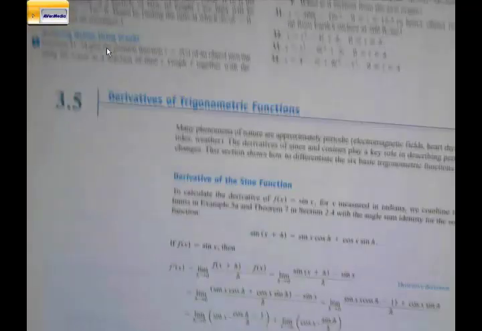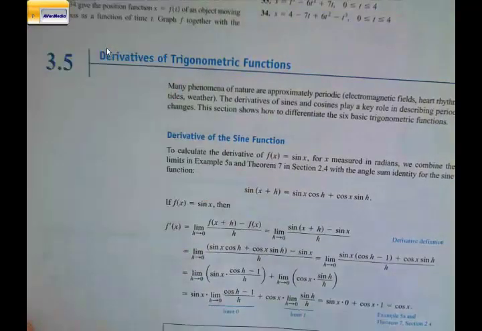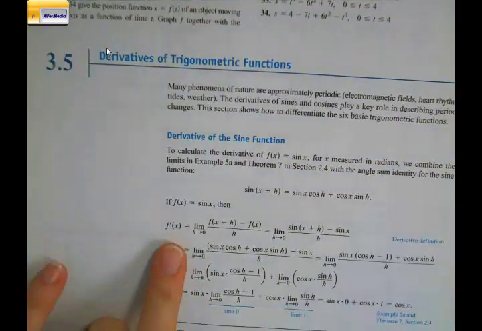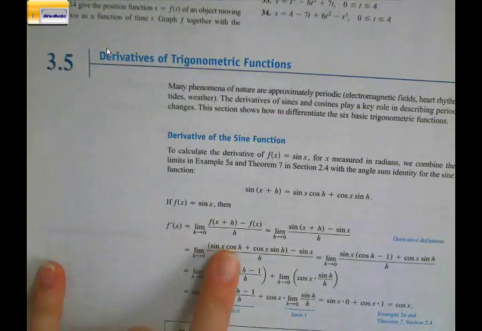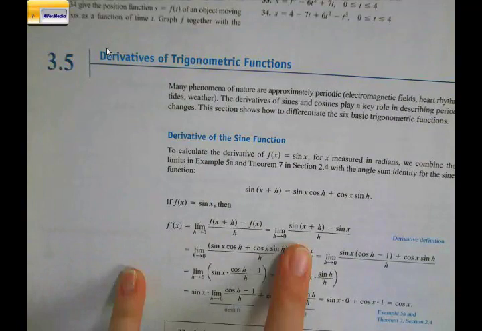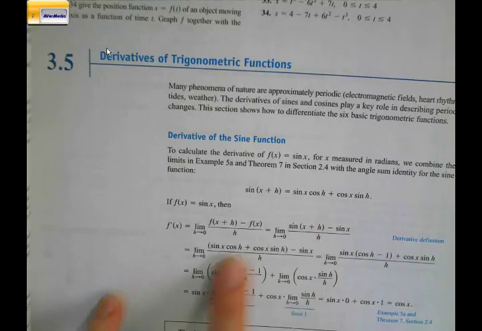For instance, this is on page 135. If your f of x is sine x, and we know the derivative of sine x is cosine x, the way they derive that formula that we're going to have memorized is, here it is, the limit as h approaches 0, and instead of saying f of x plus h, it'd be sine of x plus h. Well, sine of x plus h, if you remember your sine of a sum of angles, is this.